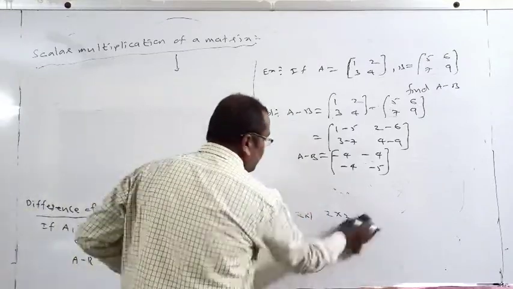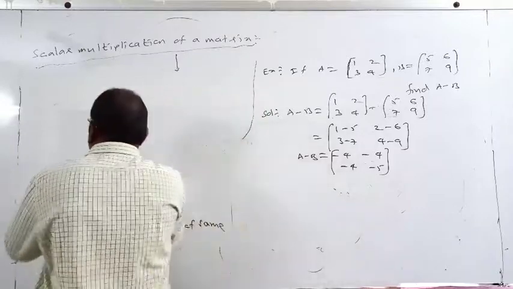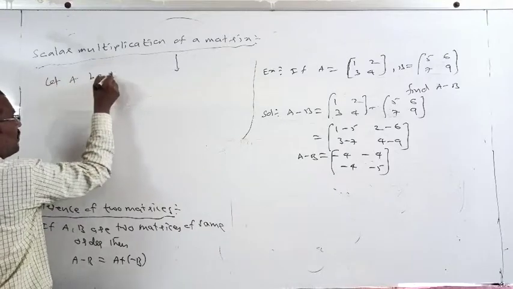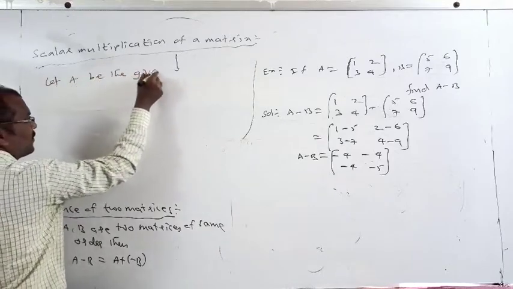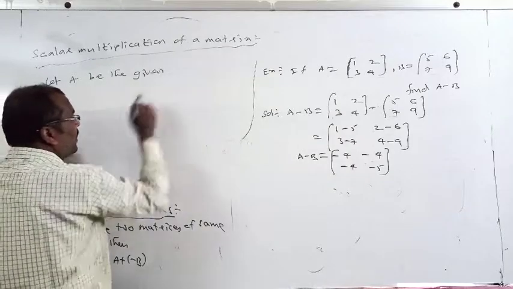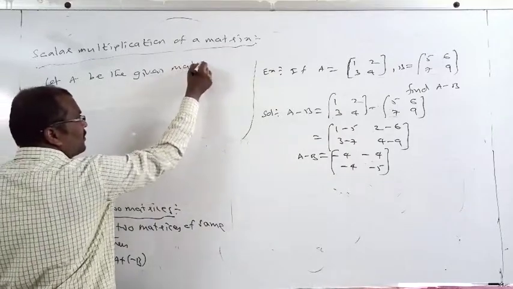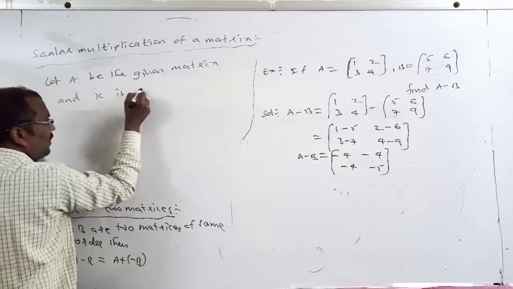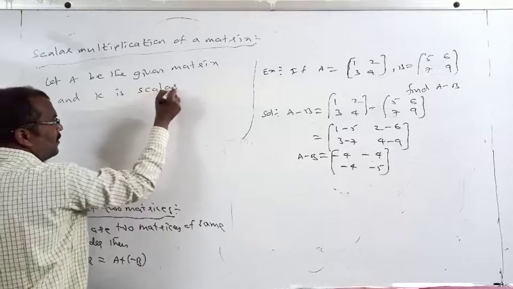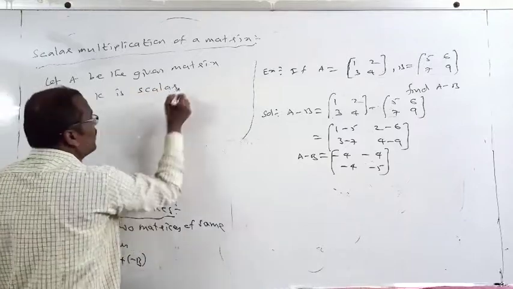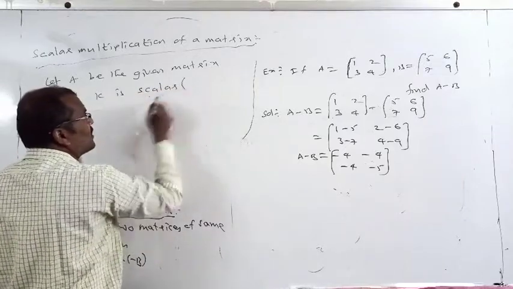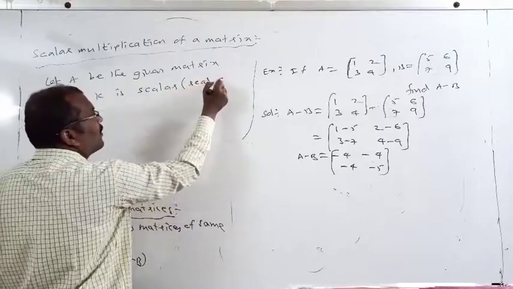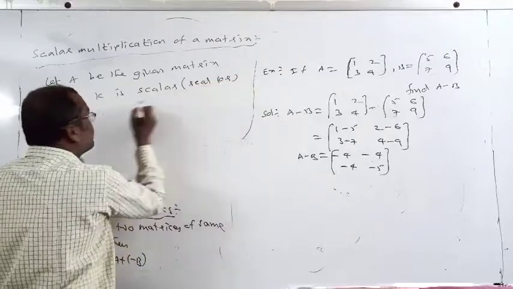Now see the definition. Let capital A be the given matrix, and k is a scalar. Scalar means a real or complex number.